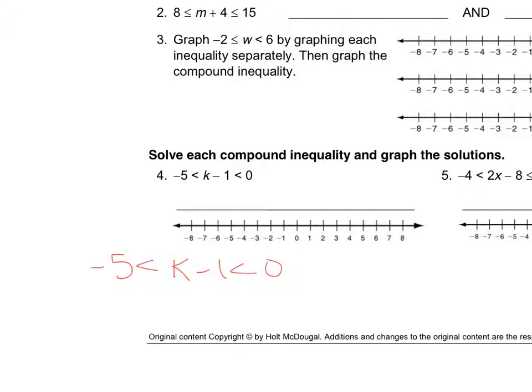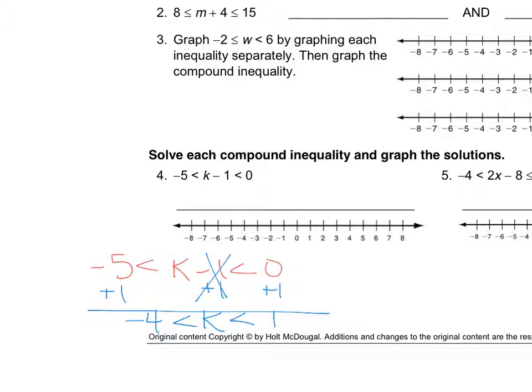Remember, when we're solving these where it's compound like this, whatever we do to the left, we do to the middle and to the right. So here I'm going to add 1 to the middle, to the left side, and to the right side. The 1 is gone from the middle. I end up with -4 on the left. K is left in the middle, and on the right is a 1.